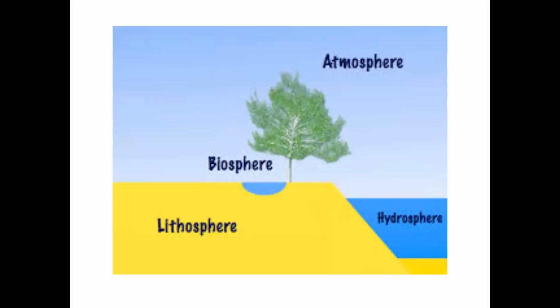All life forms. Biosphere. Lithosphere, what are we talking about for that? Yeah, land, the crust, which includes rock, soil. So that's where we have lithosphere. Hydrosphere, water, the water on Earth's surface in liquid, solid, and gaseous form.